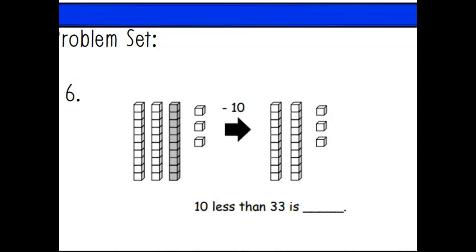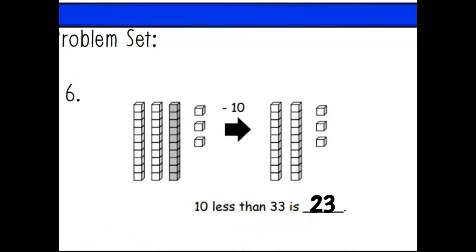All right. First, you have to figure out what is here. And then 10 less. 10, 20, 30, 31, 32, 33. We're going to take away that 10. And what do we have left? 10 less than 33 is 23.